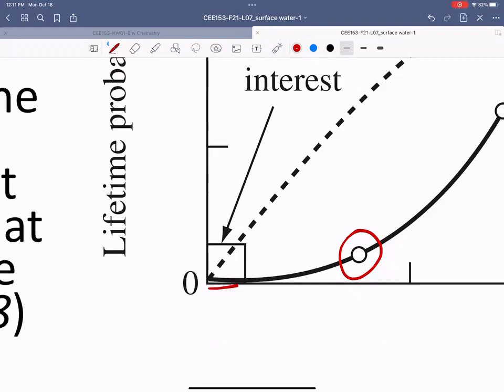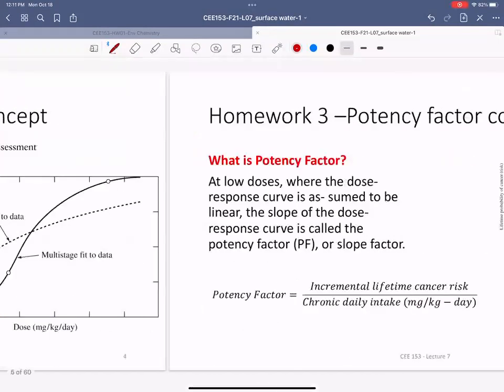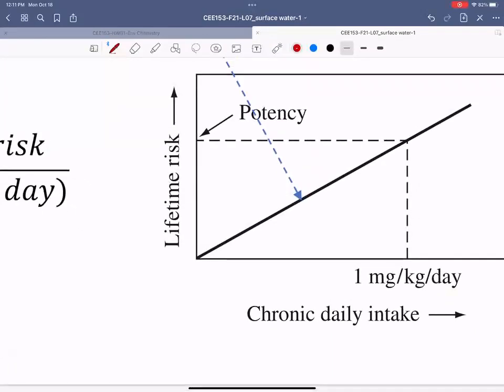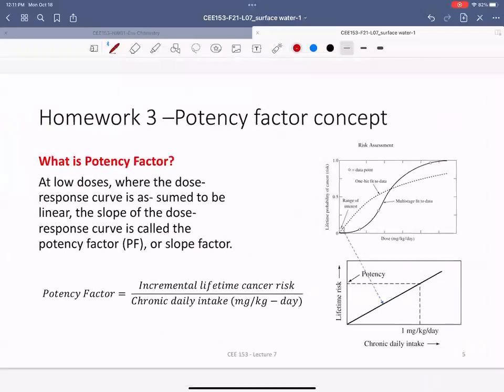And that slope is the potency factor, which means the potential for things to be developed. If you extrapolate that, as you see in these pictures, and the bottom graph is basically the zoomed version of that graph, whatever that slope is, it means that if you are exposed to a very low concentration, there is some non-zero risk, and that's linear.